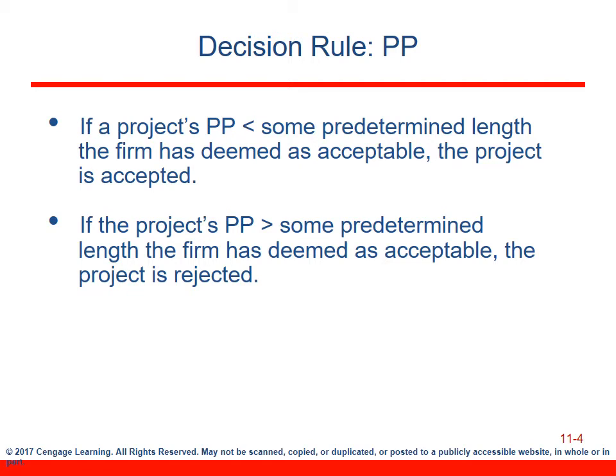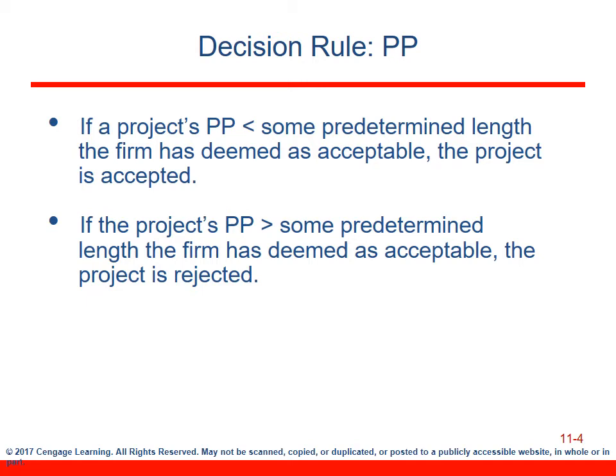For payback period, if a project's payback period is less than some predetermined length that the firm has deemed as acceptable, and each firm will decide this for themselves, so this will be very subjective, then the project is acceptable to the firm.